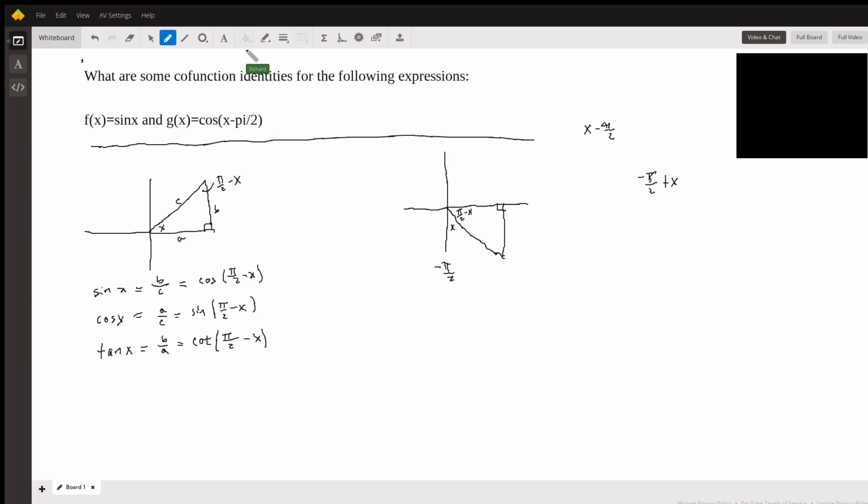Let me go back and fix that. So if I go down negative pi over 2, I'm here. If I add x back up to it, you see I'm here. This angle is x. We're adding x back, you see.